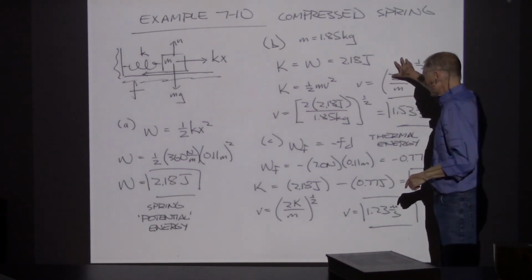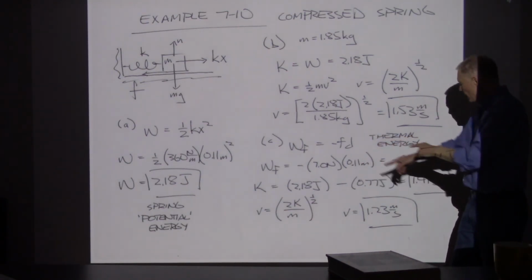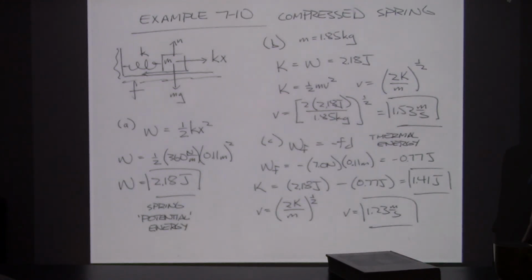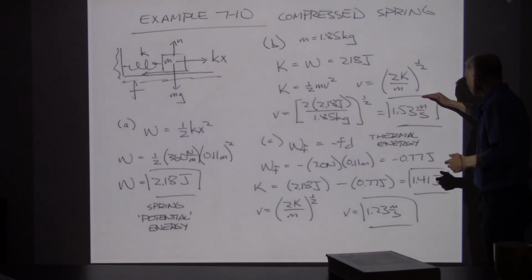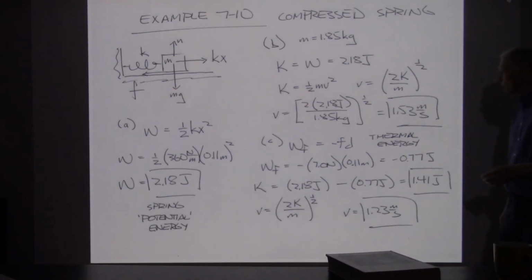Putting that into our velocity formula, I can put in the kinetic energy and the mass. It says that the speed now will only be 1.23. So that's how much difference there is between no friction on the way out versus a modest amount of friction that the block has to get past.